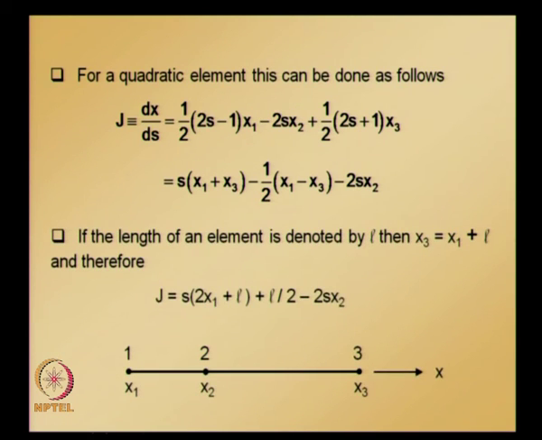If the length of the element is denoted by L, then x3 minus x1 is equal to L, or x3 is equal to x1 plus L. So, substituting this, that is x3 in terms of x1 and L, we can rewrite the Jacobian in the form shown in the slide.